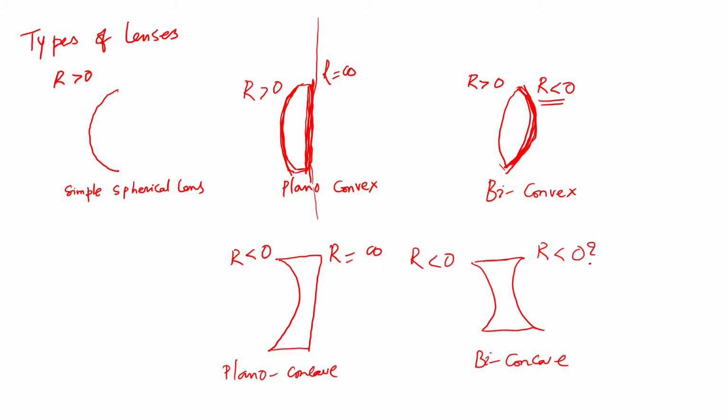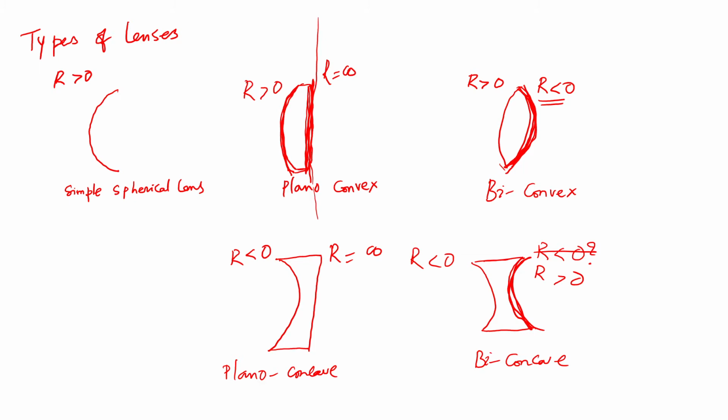If you hurriedly wrote less than 0 like how I did, you are mistaken. This should be greater than 0, not less than 0, because if you look at it, it is convex towards the left, right? So it should be greater than 0 on the other side, right? But if you did not write R less than 0, that means you're better than me, so you're doing pretty good in the class. Okay, great.